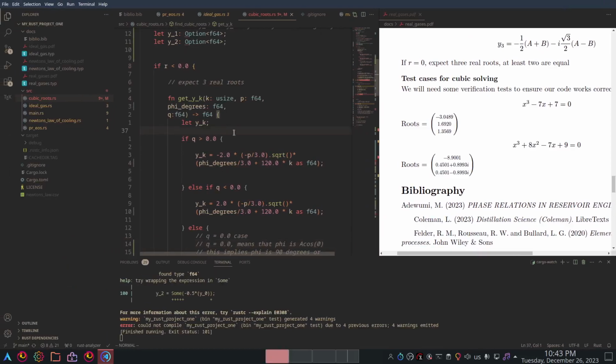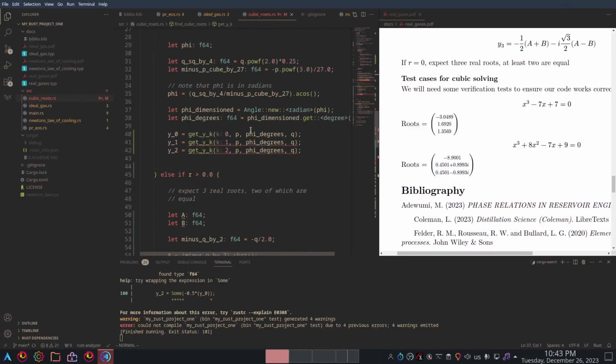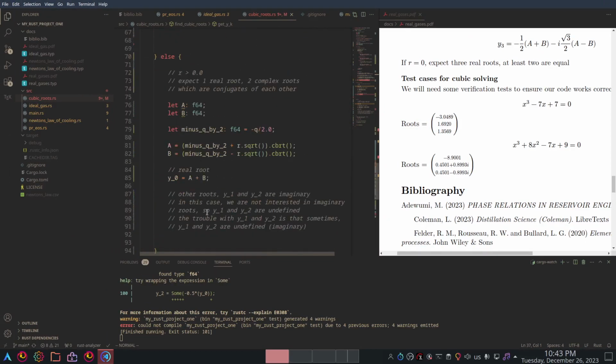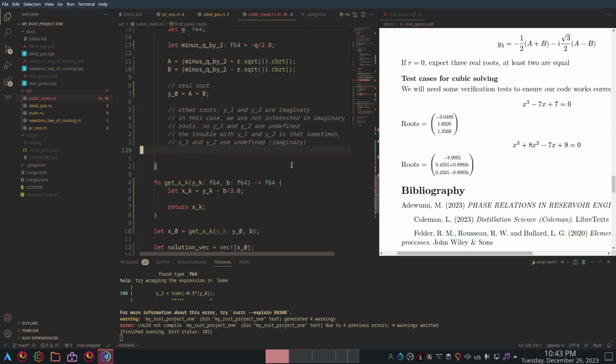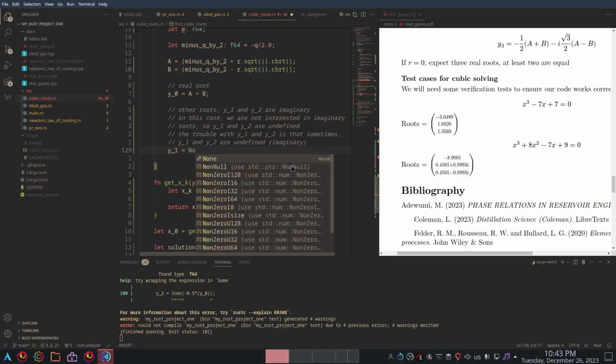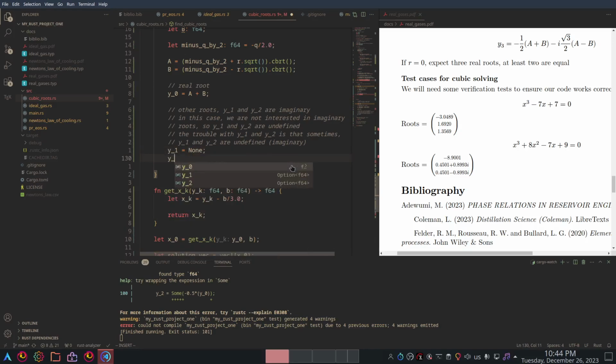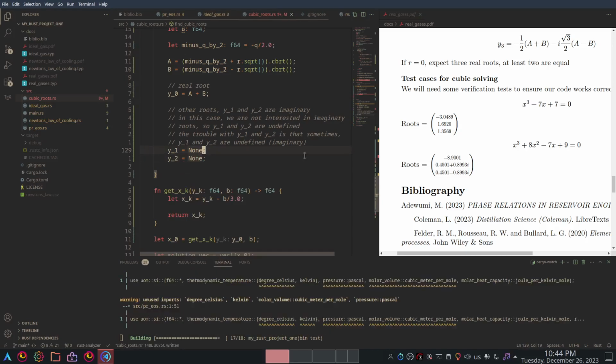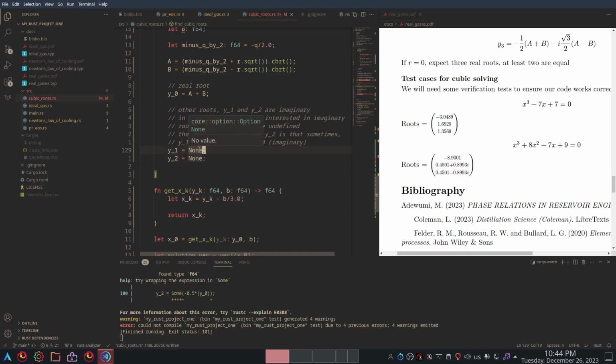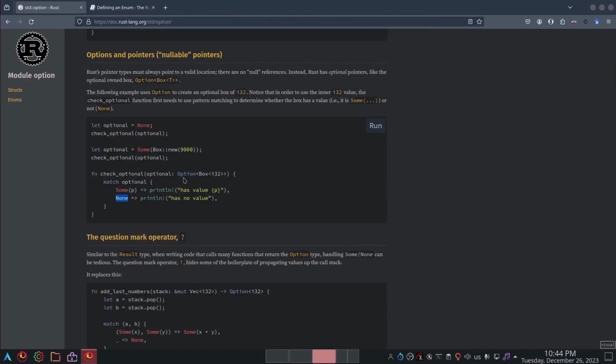You say y1 equals literally None, y2 equals None. That's all you are saying. None is one of the variants of Option, because there are two choices.